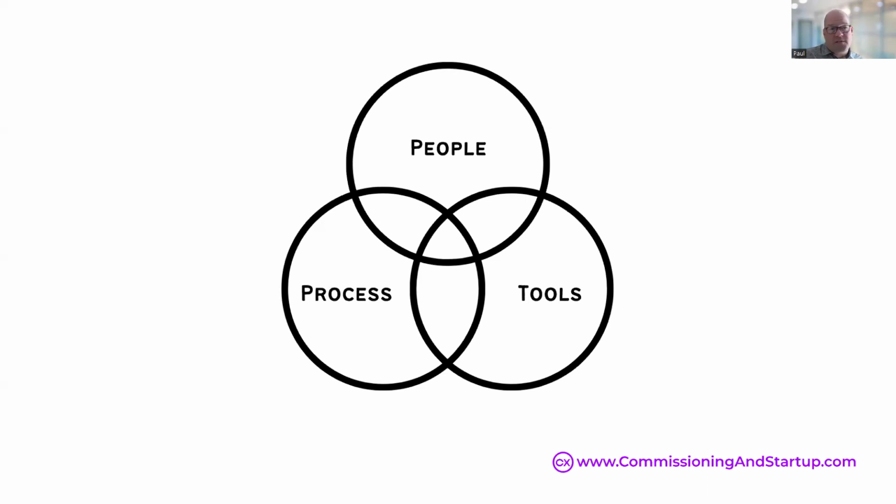And when you have processes and tools, but no people to do the work well, as you know, it's pretty difficult to make progress. I haven't found a way to complete projects without the right people to do the work. And a trap that a lot of people fall into is thinking that spreadsheets are a process for commissioning. It's not really anyone's fault for thinking this, right? Excel is on our computers and everyone is comfortable with using it, and it's pretty easy to default with what people know.